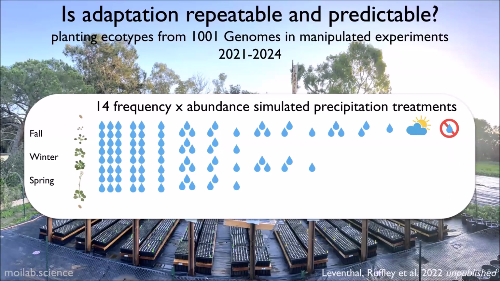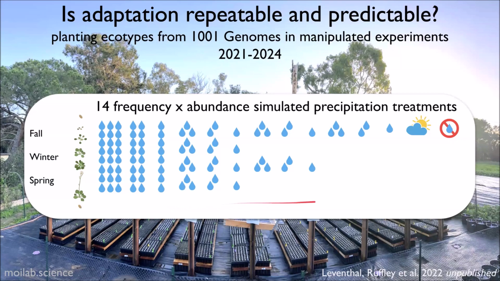And these treatments, because from previous experiments we had seen that precipitation drove most of selection, but we didn't know exactly what about precipitation was exerting the selection pressure. We created frequency by abundance, all fully factorial combinations. So we modified the total abundance, but also at what times they received it. And we created this gradient of frequency by abundance.